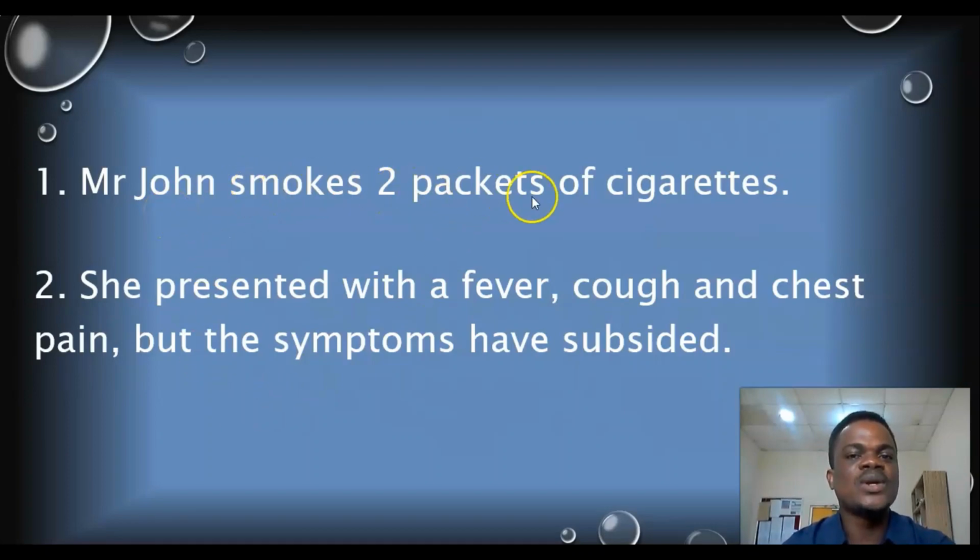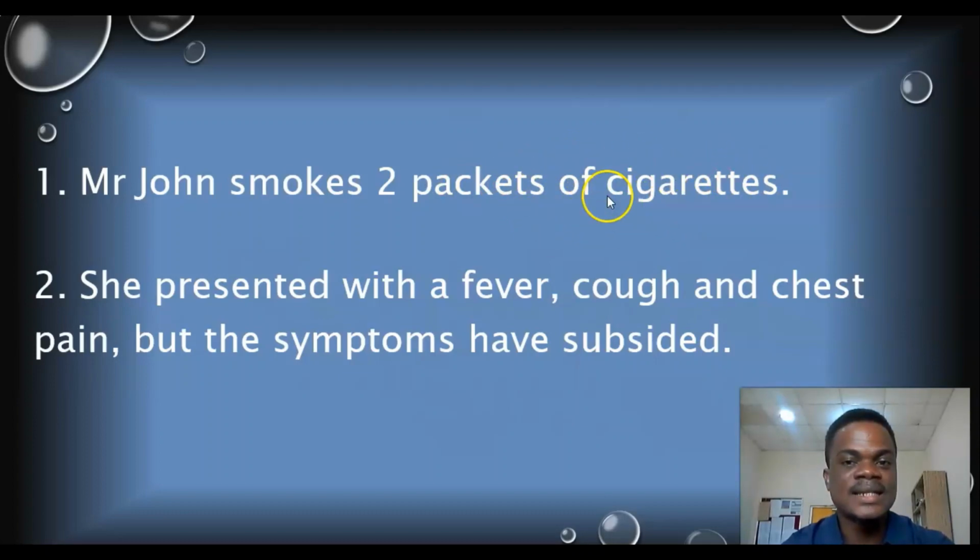But we cannot just write 2 packets of cigarettes. It's not a statement. So the reader will be expecting you to complete that statement. So in that case, we are not to use a full stop to end such a statement.